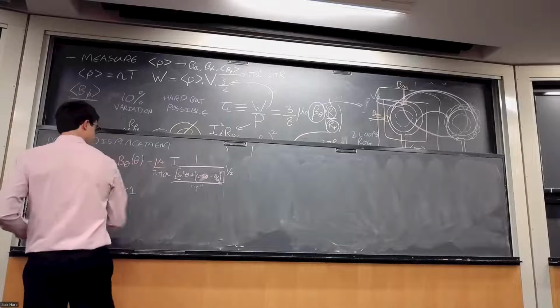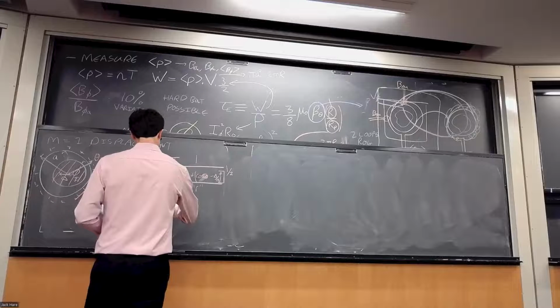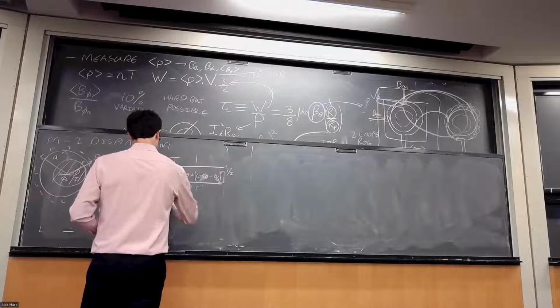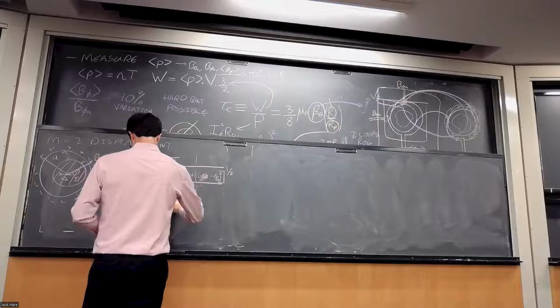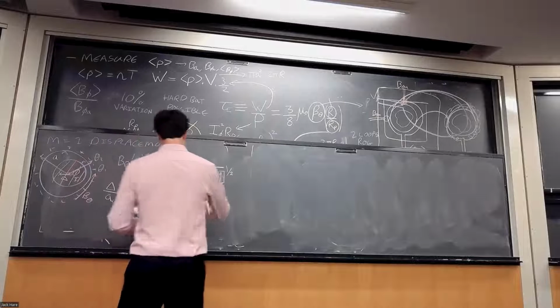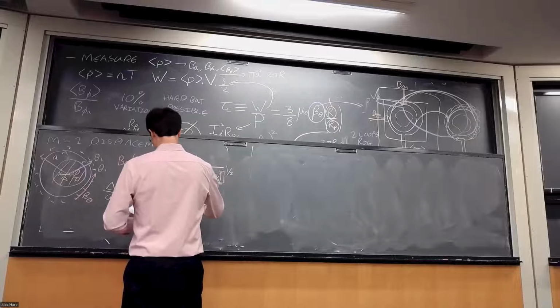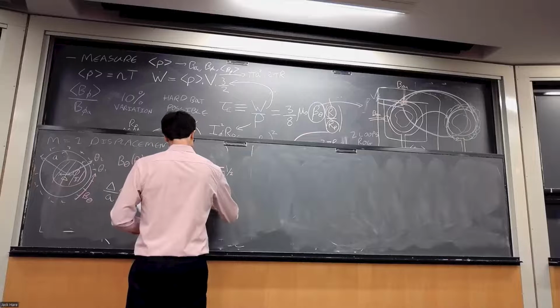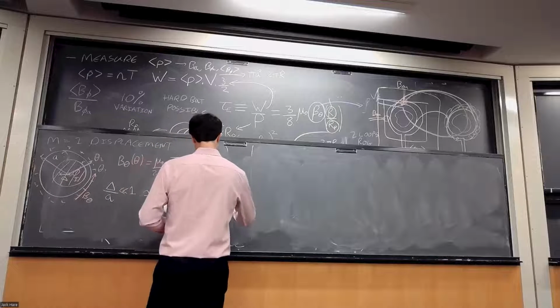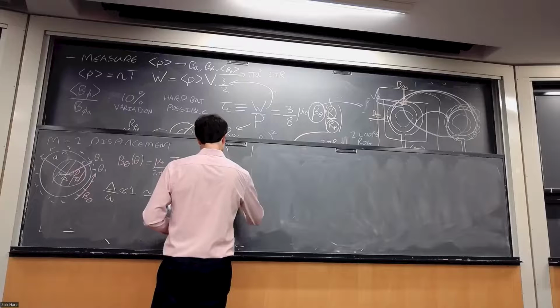So having made that assumption, we can approximate this as mu naught I upon 2 pi A, and we get out 1 plus delta upon A cos theta.